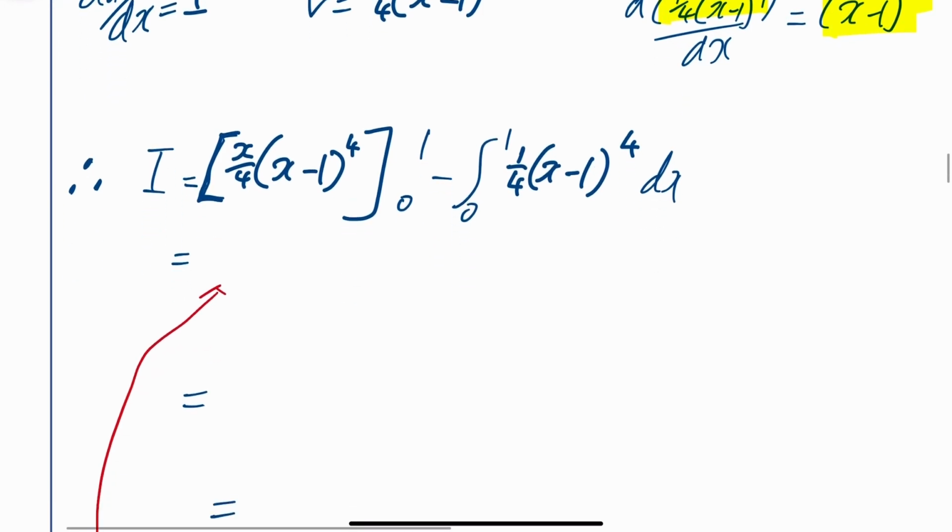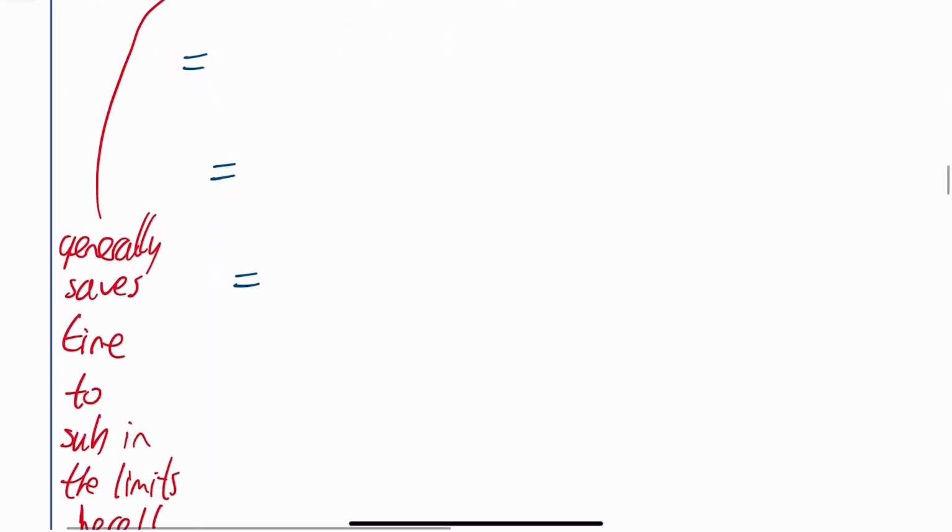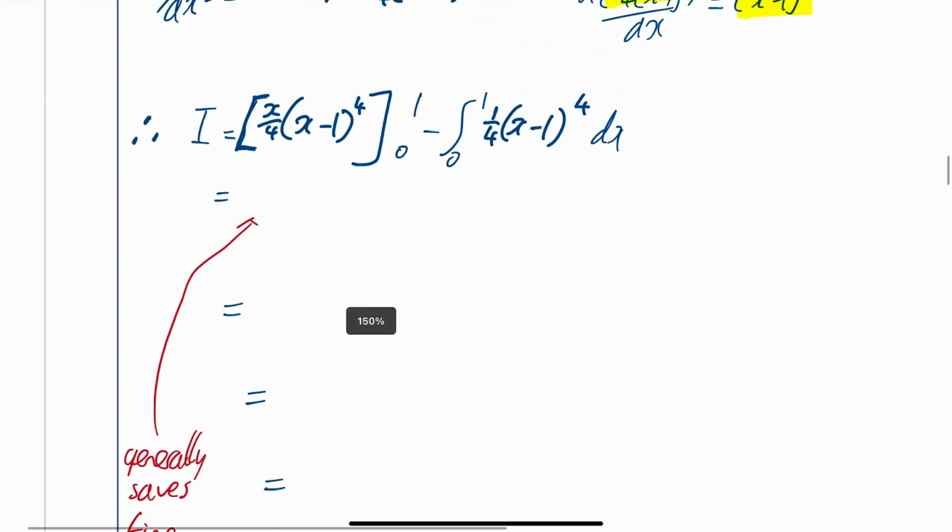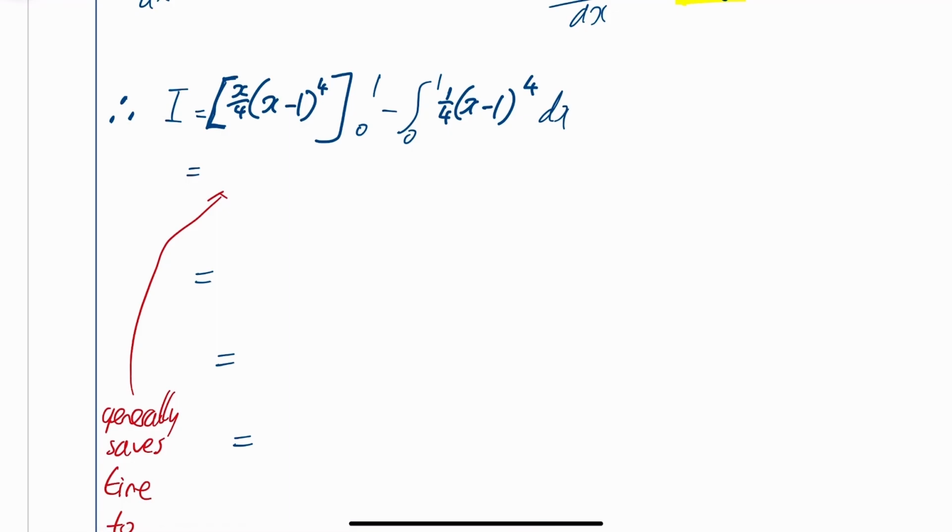Now, first thing we have to do here, notice I've said generally saves time to sub in the limits. If you put 1 into this bracket, 1 minus 1 is 0. So the first limit, when you put in the 1, it's going to be 0 overall, 0 times anything, 0. And also put the 0 in, 0 over 4 is 0. So that whole bracket just becomes 0.